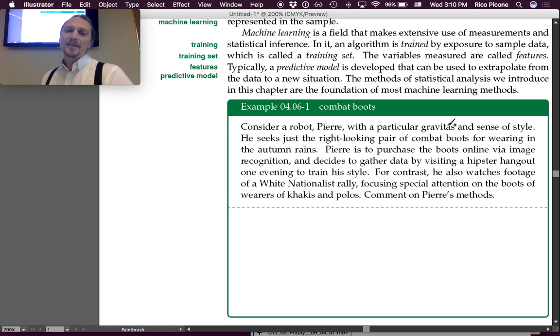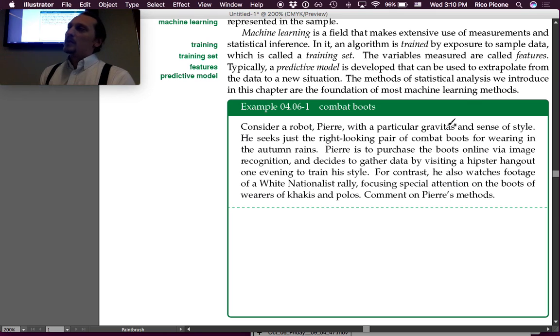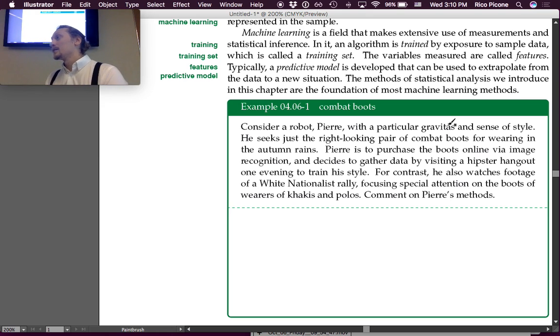Yeah, so that's how. I mean, it's kind of a futuristic, kind of silly example of a robot picking out shoes, but this sort of machine learning is exactly the type of thing that we use to try to make machines intelligent, and a lot of it comes down to statistical inference.